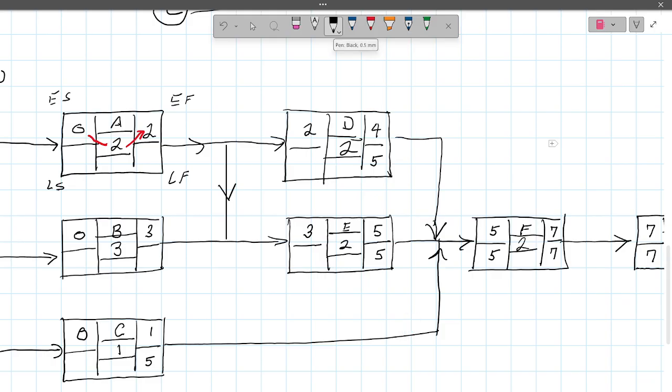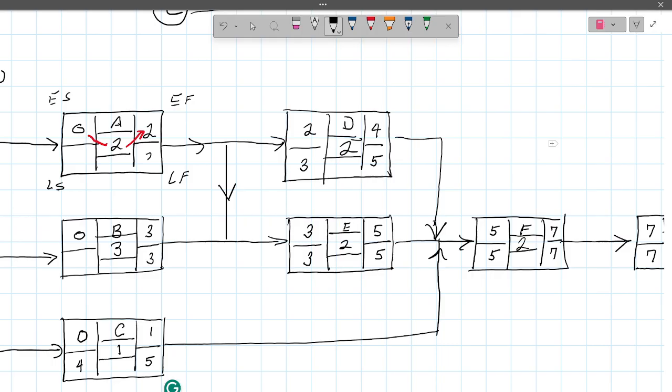So 5 minus 2 gives me 3. 5 minus 2 gives me 3. C, 5 minus 1 gives me 4. Let me get rid of that for a minute and make that a real 0. Okay. So, and I carry back, I got 3 going back to B and C from E. So I'm going to put a 3 in here.